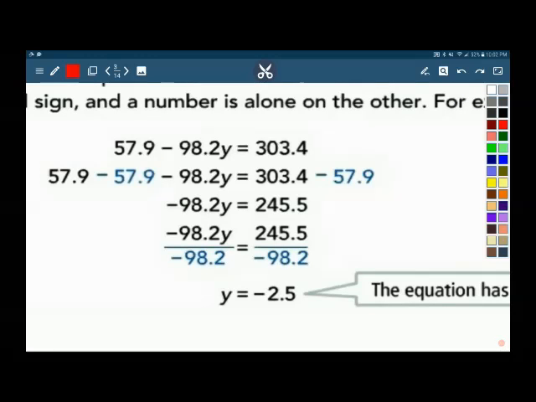To get rid of the addition or subtraction, the 57.9 is being added to the negative 98.2y, so we subtract it from each side. That's this negative 57.9 on each side, and on the left it becomes 0. Then 303.4 minus 57.9 is 245.5.